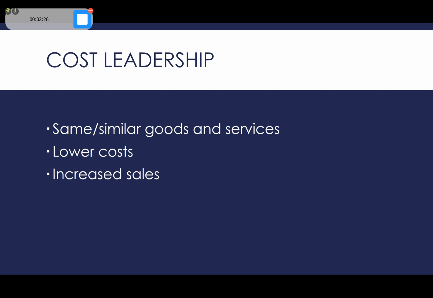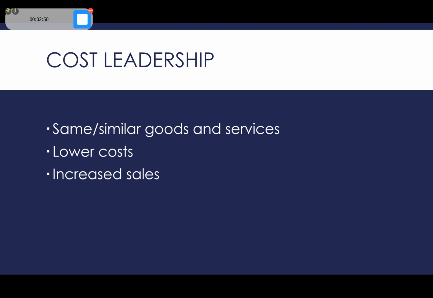So generally speaking, with a cost leadership strategy within an organisation, they will be offering goods and services that are similar to other organisations. So if you go to buy a bottle of milk, there's not really an awful lot to distinguish one milk retailer from another milk retailer. Milk is pretty much the same.